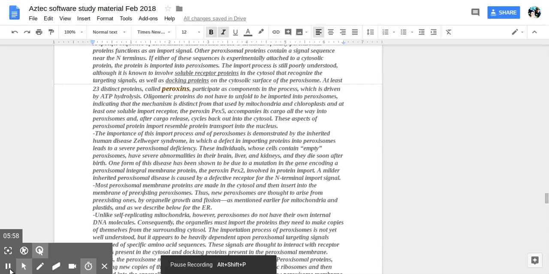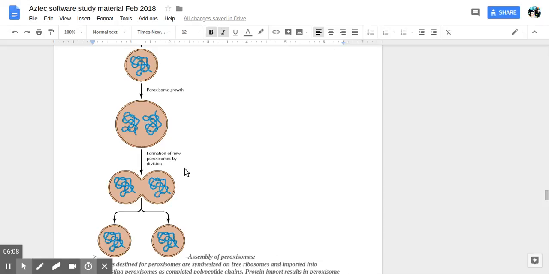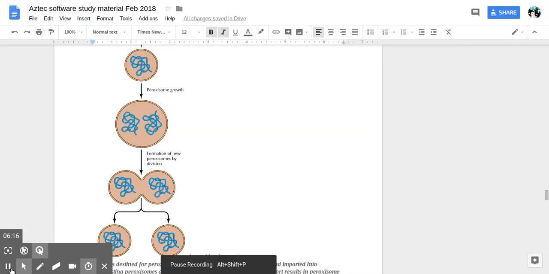They can also arise from the endoplasmic reticulum membranes too. So this diagram shows the peroxisomes and how they can bud into new peroxisomes containing all the enzymes or proteins, by budding or fission of the original peroxisome into two.